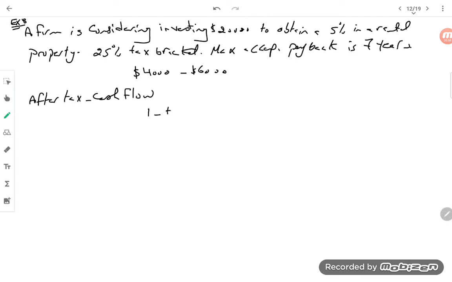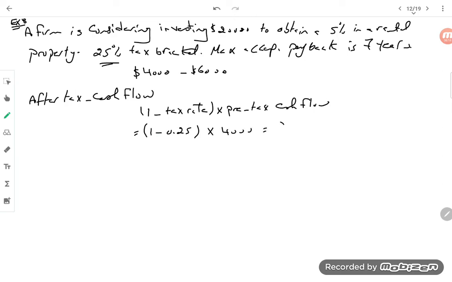This is 1 minus tax rate multiplied by pre-tax cash flow. So it's 1 minus 0.25, which is the tax rate, multiplied by 4,000, so it's 3,000. And in case of number 2, it's 1 minus 0.25 multiplied by 6,000, it's 4,500.